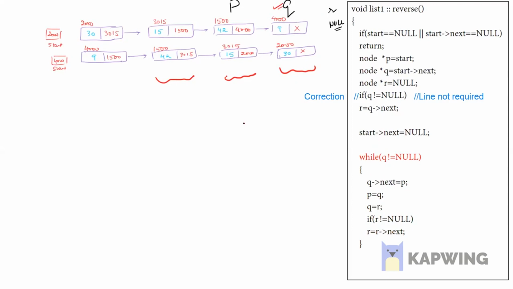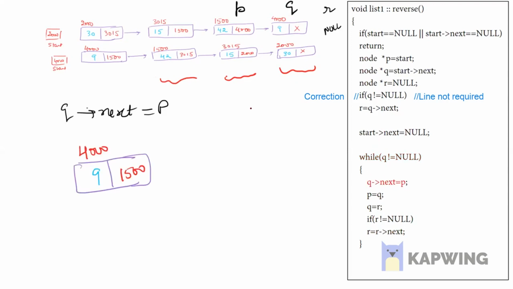Again, do the backtracking. Q is equal to 4000 and the value is 9. The Q next portion is equal to P. Do the backward pointer, set it equal to 1500. So this condition is again satisfied, and this chunk is also assigned the 1500 value.